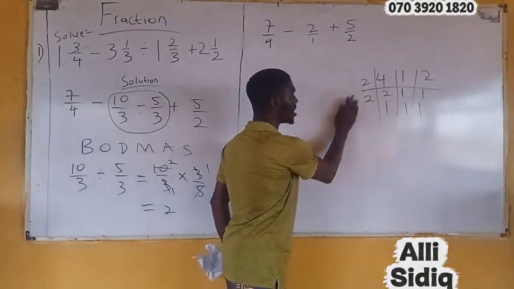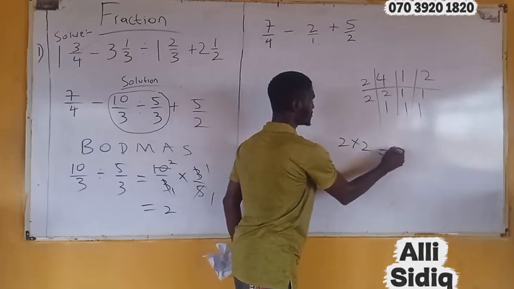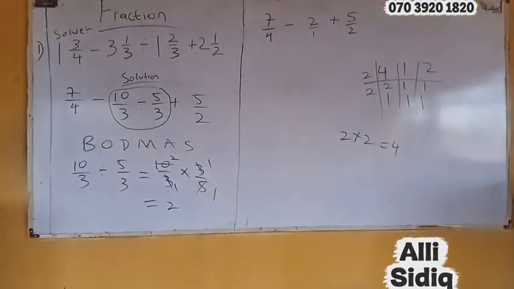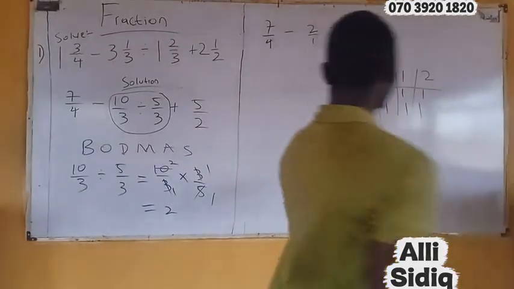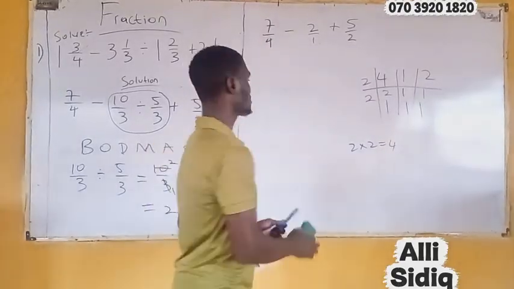So you now multiply what you have outside. 2 times 2 gives 4. So 4 is my LCM. I got 4 as my LCM.